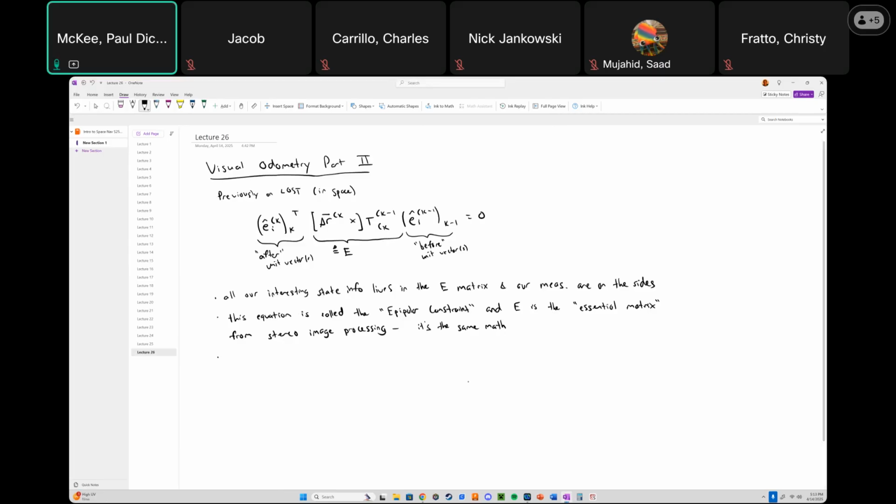So I'll say monocular visual odometry has the same mathematical structure as stereo camera calibration, and the same limitations.